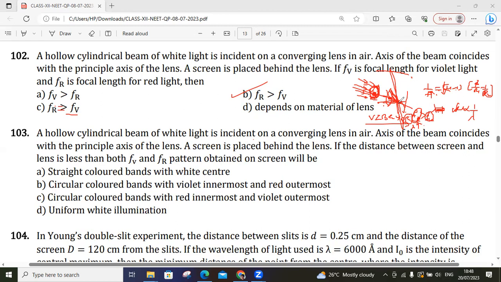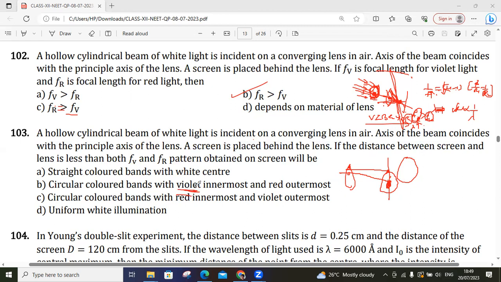So that will be the innermost circle. If you see the screen and light, violet light bends the most, so it will come in the inner circle like this. And red will come somewhere here, it will bend least, so it will come in the circle but very high. So circular bands you will get because the beam is cylindrical. The innermost will be violet, which bends the most.